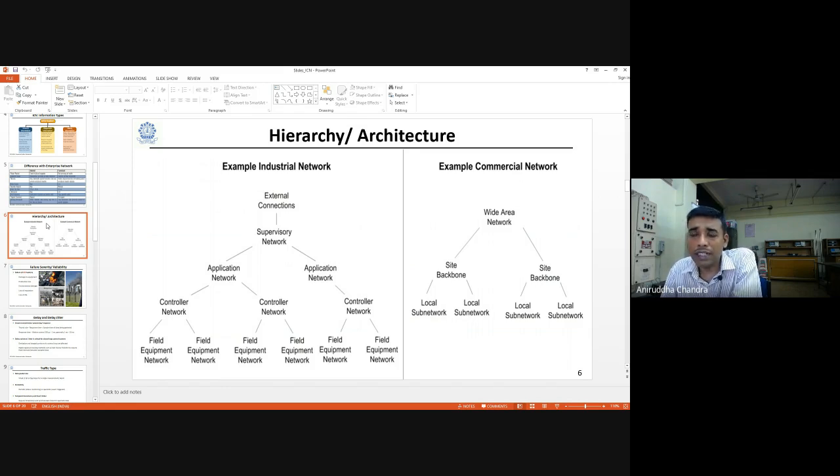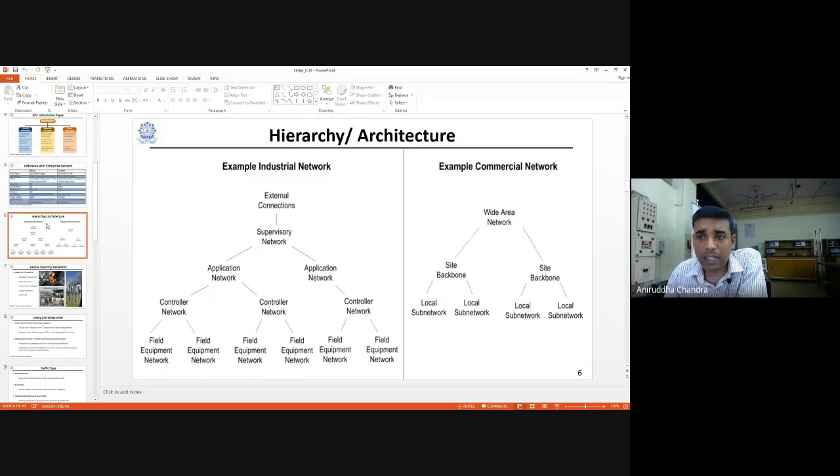On the other hand, let us have a look at the picture on the left-hand side, where we're talking about industrial networks. In an industrial network, at the lowest level, we have field equipment networks. These can be a series of temperature sensors connected to a PLC, or programmable logic controller.